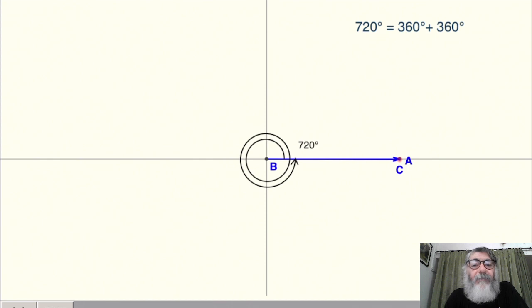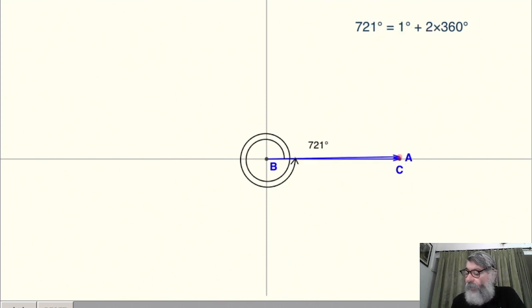If I divide 720 by 180, I get 4. So 4 into 180 is 720, 4 into pi, it is 4 pi. We told you on OX you will always get even multiples of pi. So on this line 720 is an even multiple.